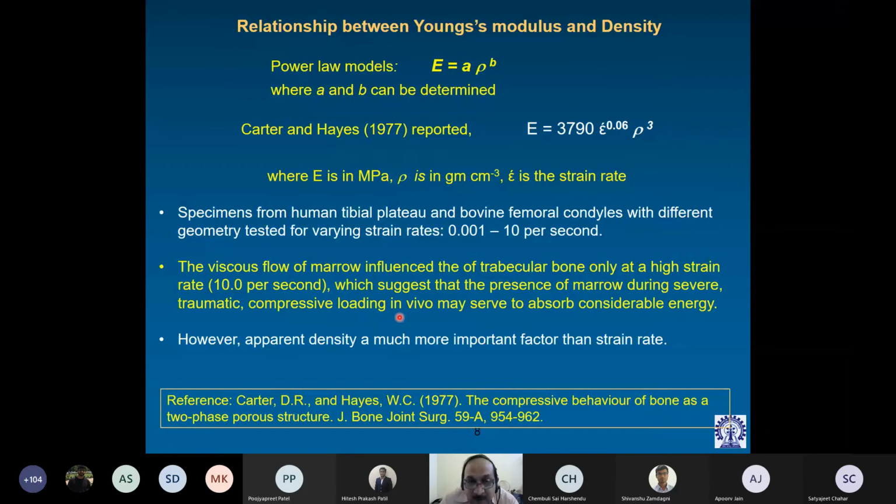So what was concluded is that within these two variables, the apparent density is a much more important factor than the strain rate if we consider human activity more in the low to moderate strain rate range. Because we are mostly doing our physiological activity at a rate of loading in the low to moderate strain rate range.